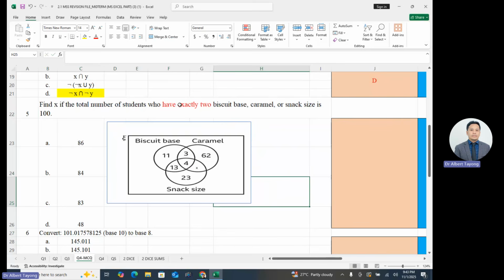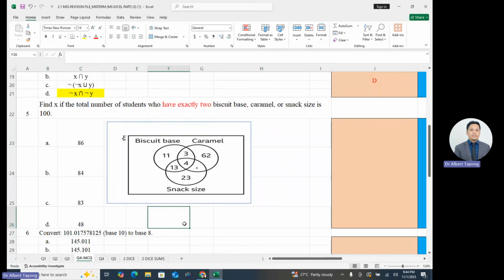That's the meaning of exactly 2. 3 here is exactly the biscuit base and caramel. 13 is exactly the snack size and biscuit base. X is exactly the caramel and the snack size.